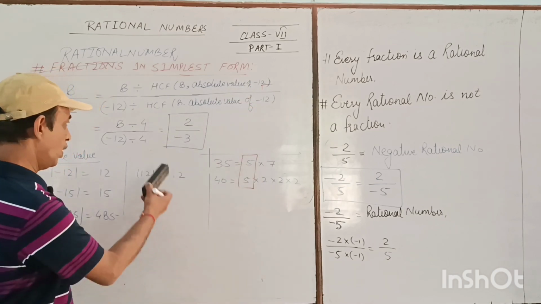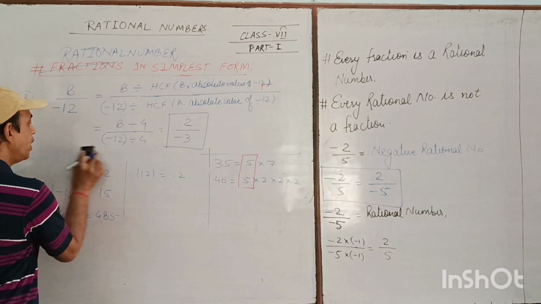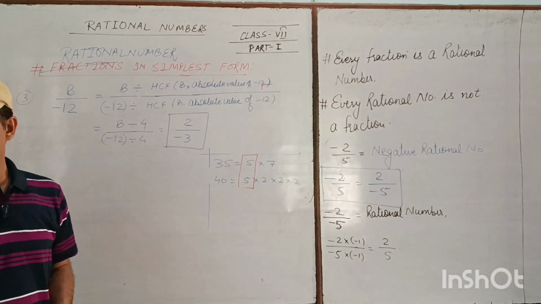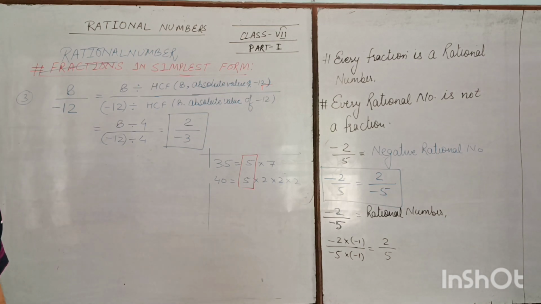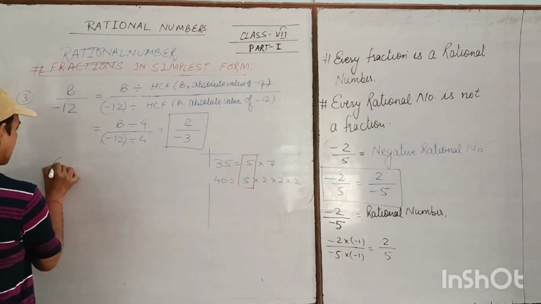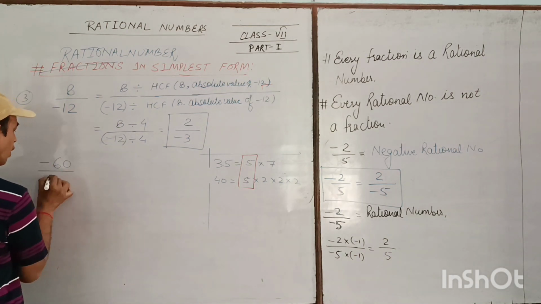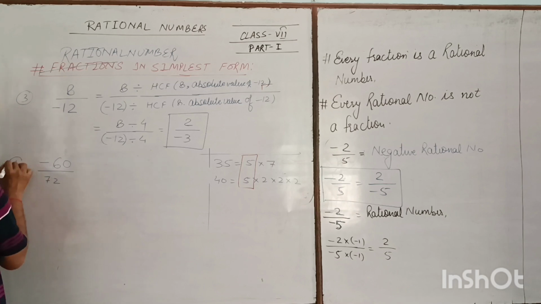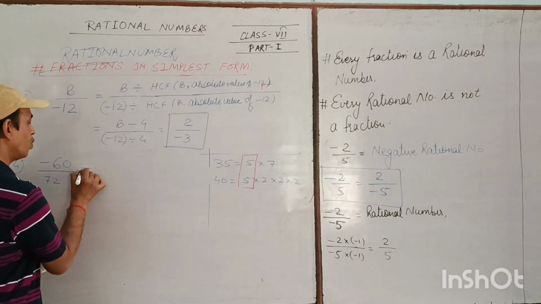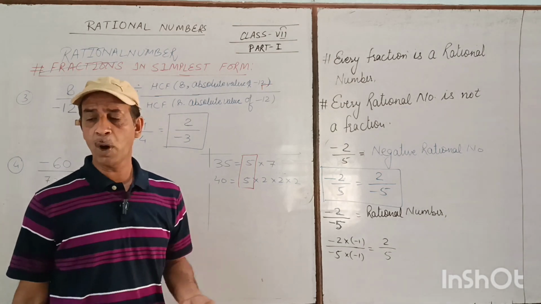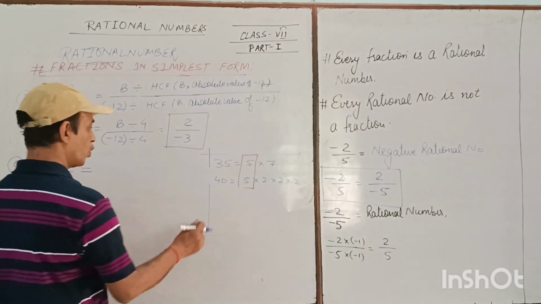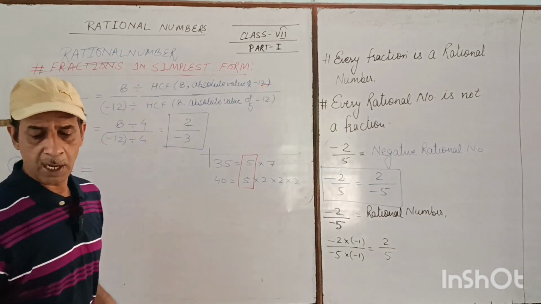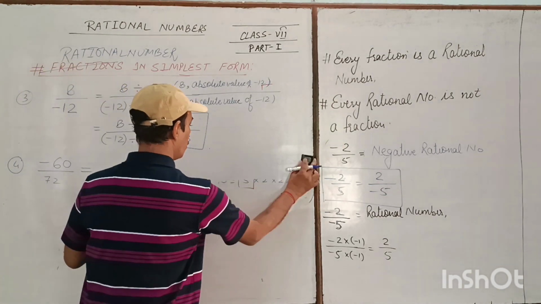If you want to take some other example, say minus 60 upon 72. What can you say about the HCF of 60 and 72? This will be 12. You should know the HCF now.